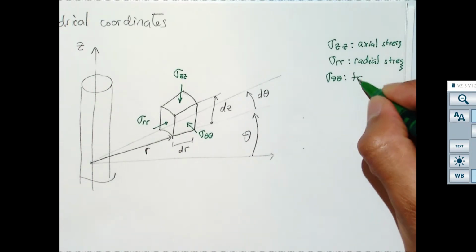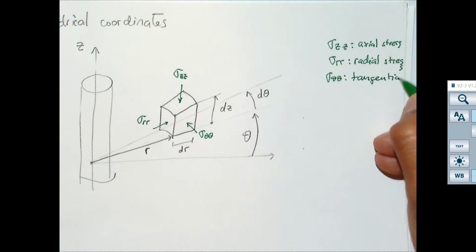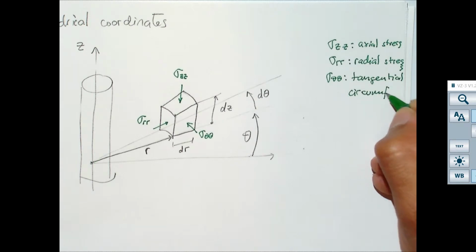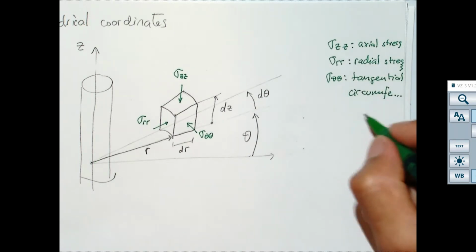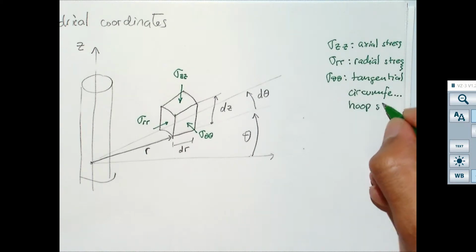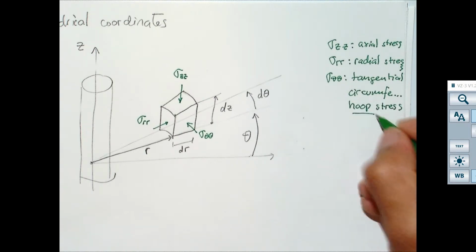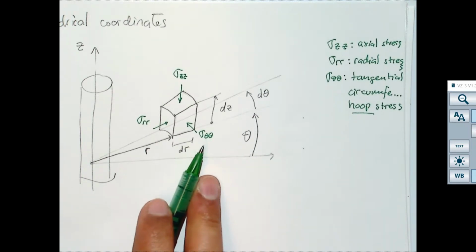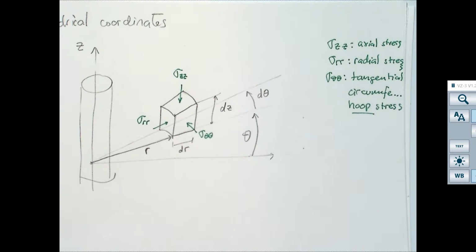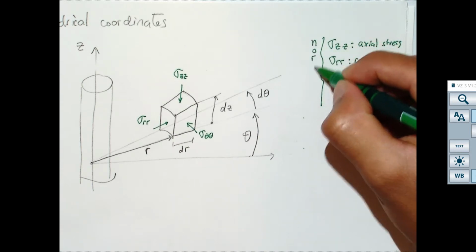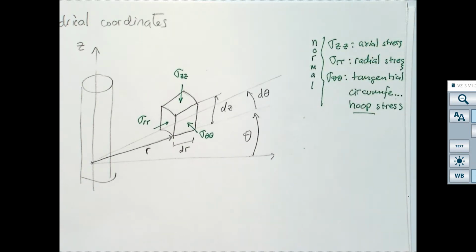It goes either by tangential stress, circumferential stress, or the most popular one, hoop stress. And we're going to refer to it by hoop stress, okay? So sigma theta theta is the normal stress and is the hoop stress. All of these, remember, are normal stresses.